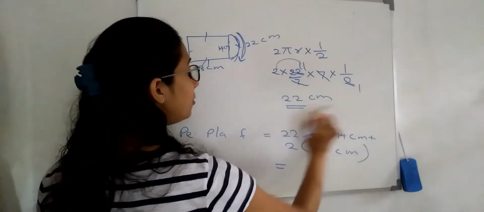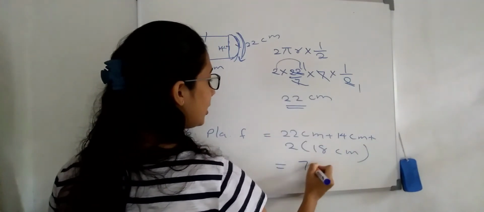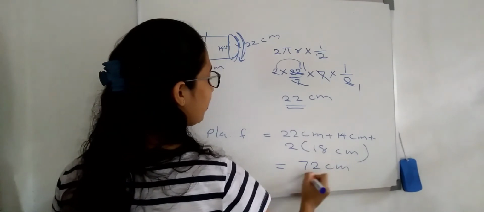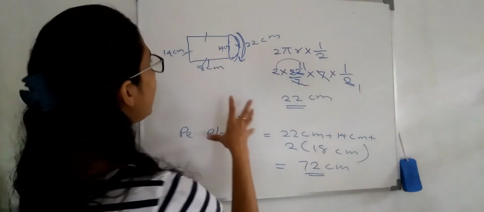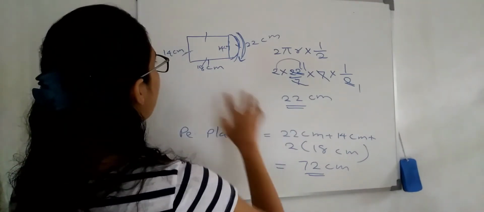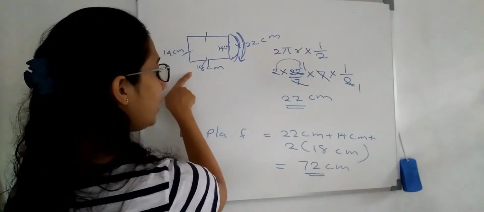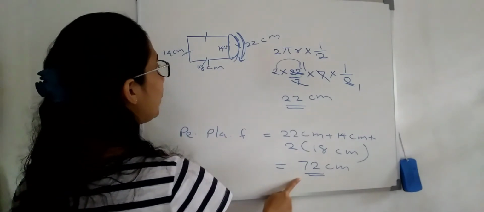What is the sum of these values? It is 72 centimeters. Alright. So this is the way of finding the perimeter of a plane figure. So what is the perimeter of this plane figure? It is 72 centimeters.